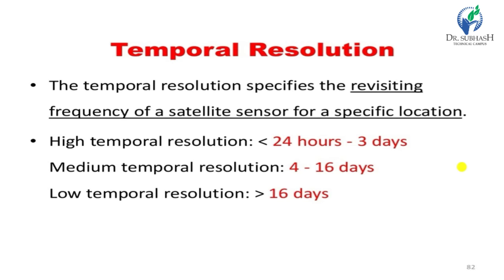For high temporal resolution we are using 24 hours, and for minimum temporal resolution 4 to 16 days, and for low temporal resolution we get the image after more than 16 days.